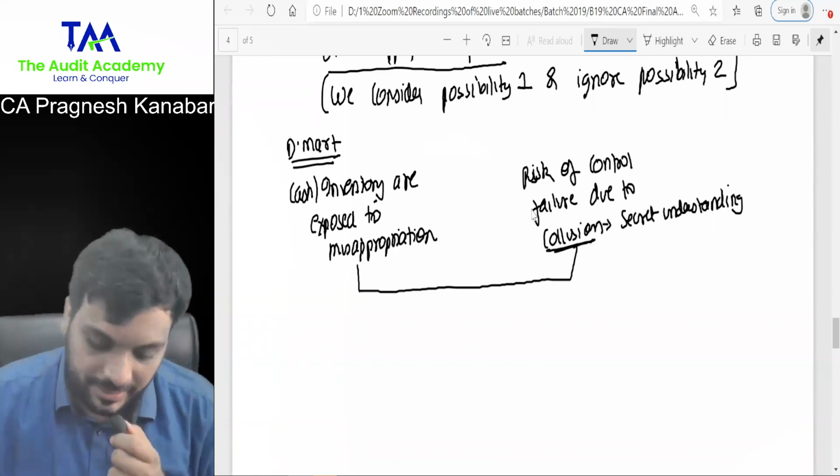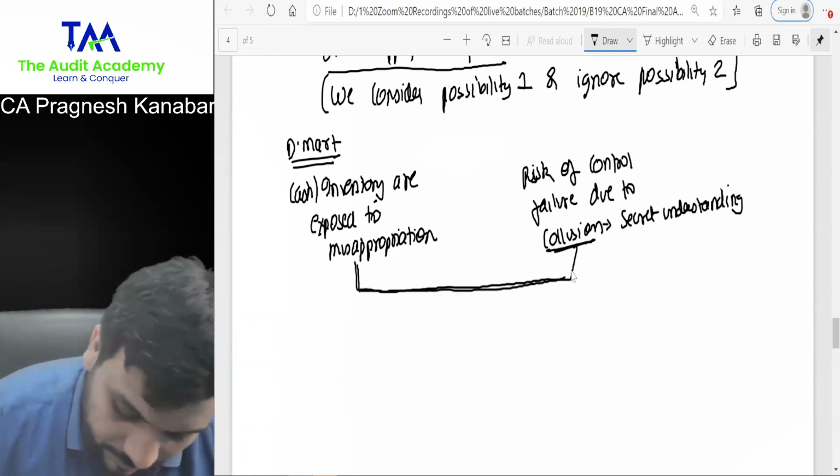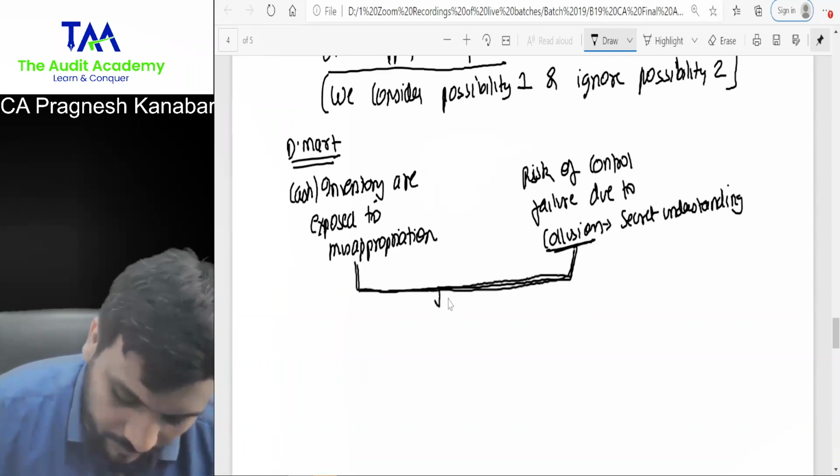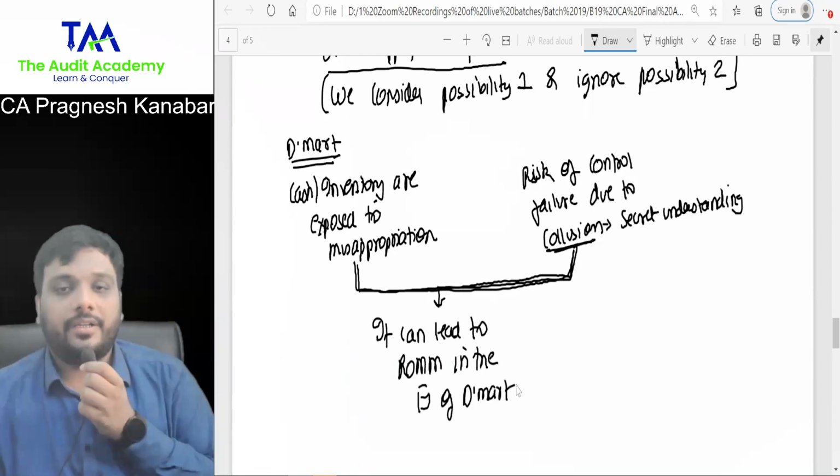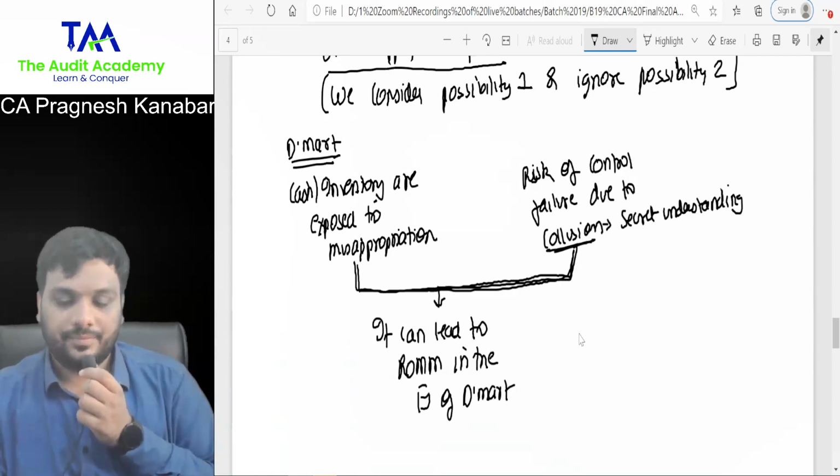All right. Then in these two cases, it can lead to risk of material misstatement in the financial statements of DMart. All right. It can lead to material misstatements.